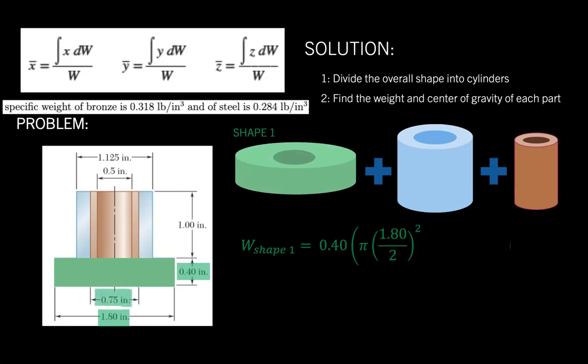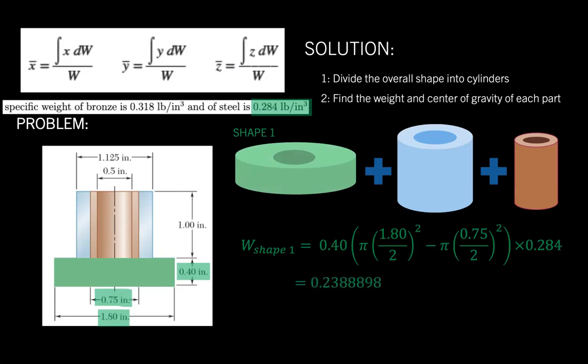And then we have minus pi times 0.75 over 2 squared, because we want to subtract the volume of the inner cylinder, the portion belonging to the bronze. And then times 0.284, the specific weight of steel.